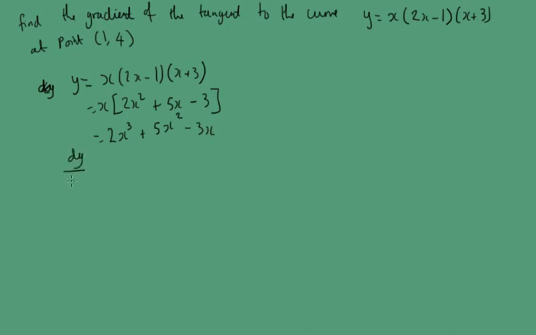Then dy by dx is going to be 3 times 2 is 6x squared plus 10x minus 3. Now we want to find the gradient at point (1, 4). So we substitute x equals 1: dy by dx will be 6 times 1 squared plus 10 times 1 minus 3, which will give us 13. So the gradient is 13 at point (1, 4).